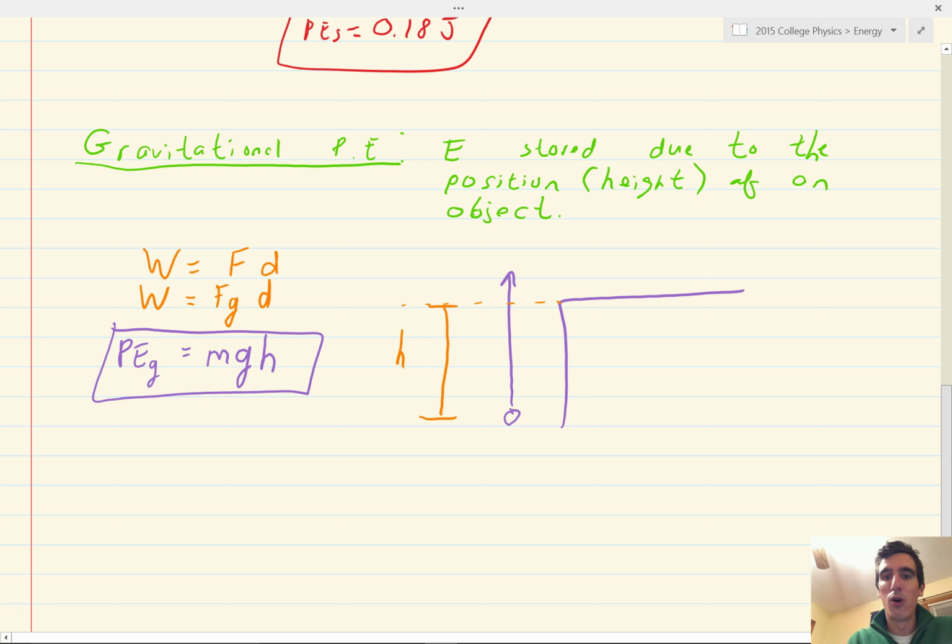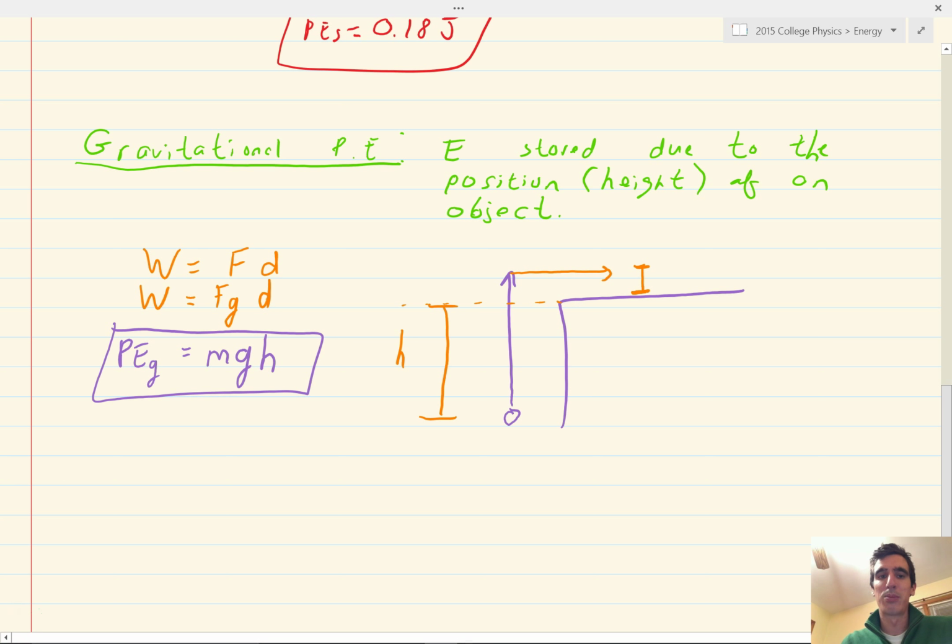However, if you slid over a little bit to the table, and you're a few inches above the table, I suppose, the potential energy is now based off of how high it is relative to the table. So the height is from the bottom to the top of the two positions you're looking at.